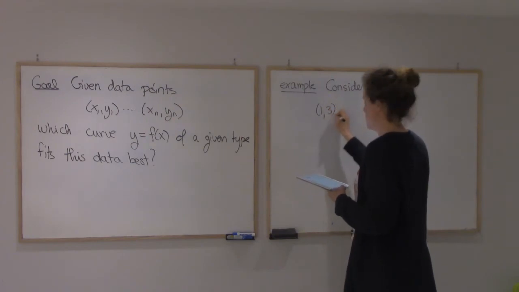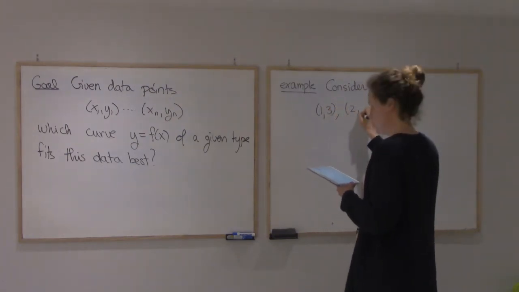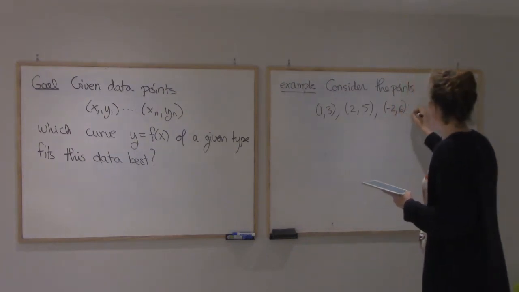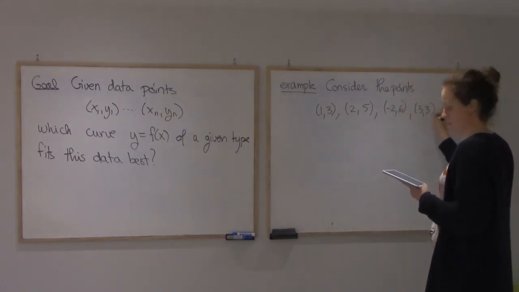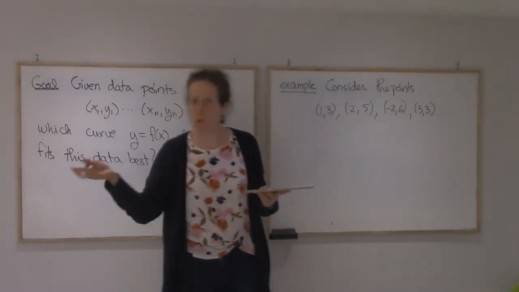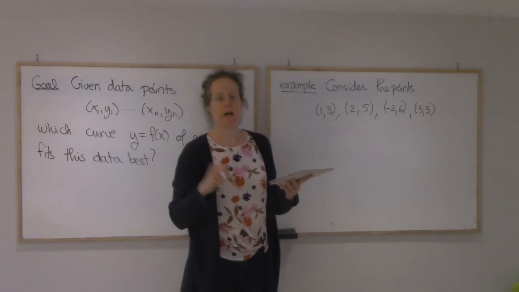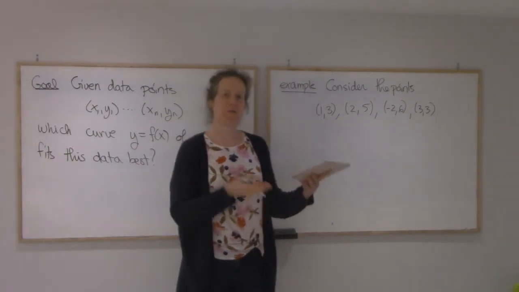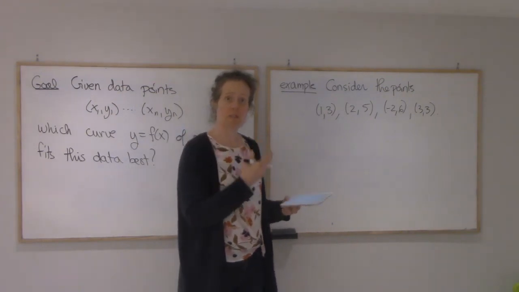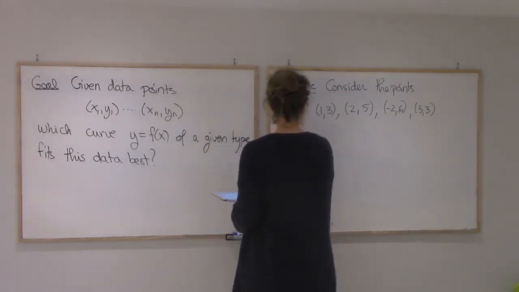Let's say at 1 I get 3, at 2 I get 5, at -2 I get 6, and at 3 I get 3. And let's say that I know that my data is supposed to follow one straight line. I need to figure out what the slope and the y-intercept of that line should be so that it's closest to my data.